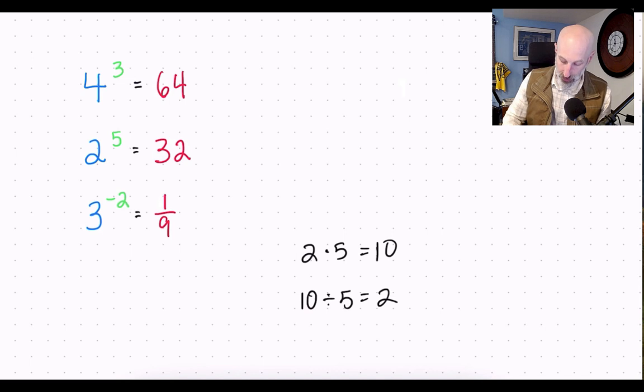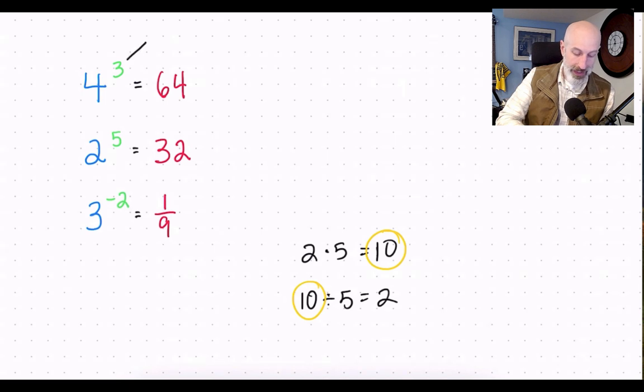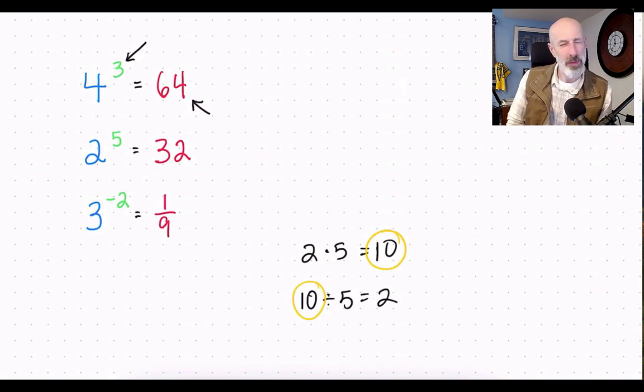And the way these work is the answer in one fact becomes part of the problem in another. So what we want as we look at this logarithm is a way to get the exponent to be the answer and the 64 to be part of the problem, if you will. Part of the expression is probably a better way to say it.